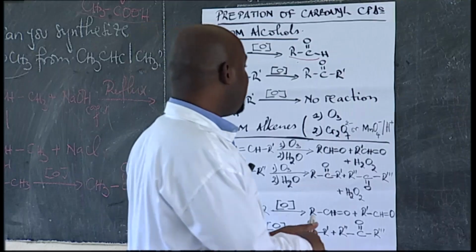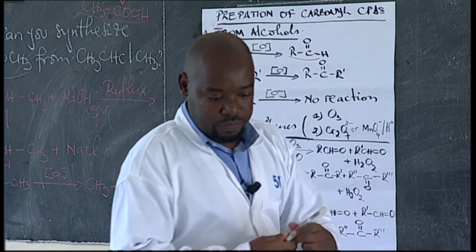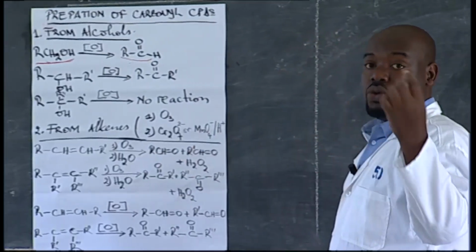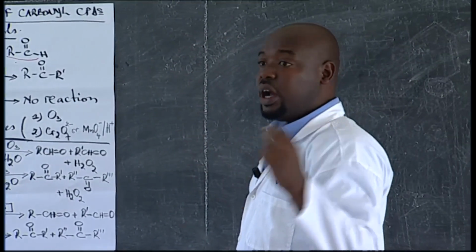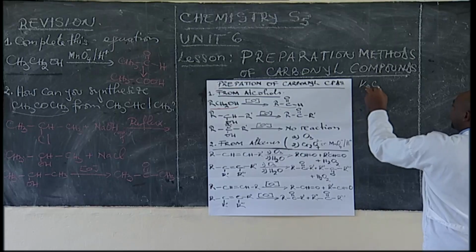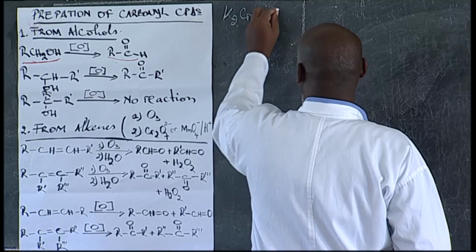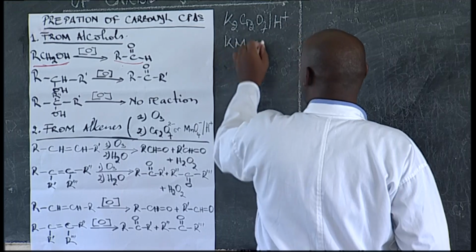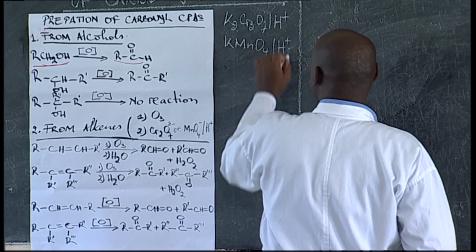What oxidizing agents can we use here? To convert our alcohols into ketones and aldehydes, you can use potassium dichromate in acidic medium or basic medium. You can use potassium permanganate in acidic medium.